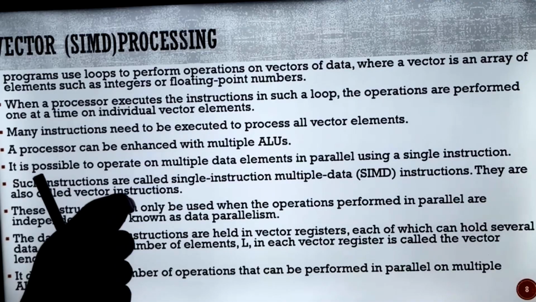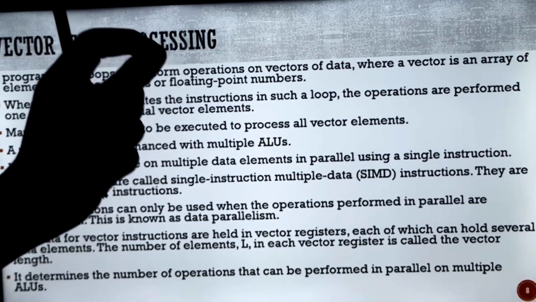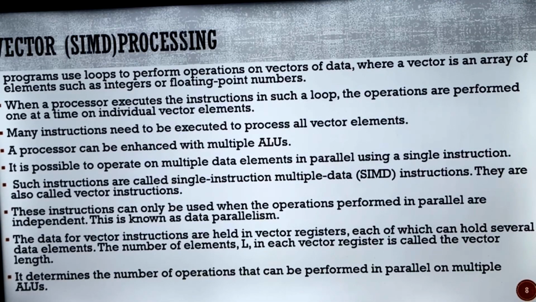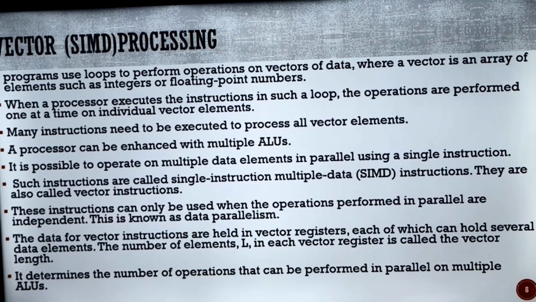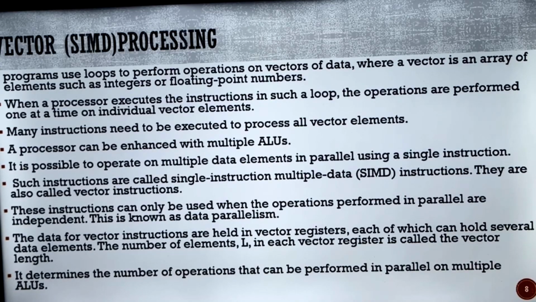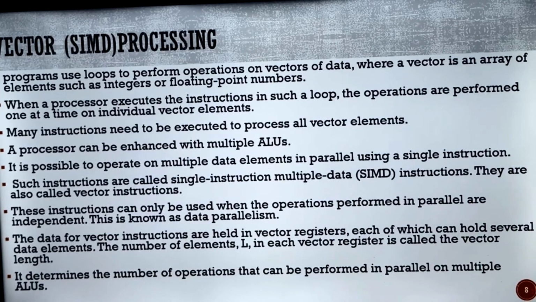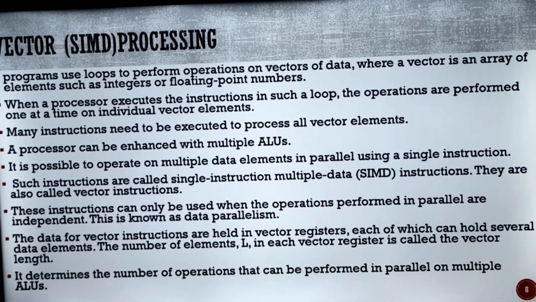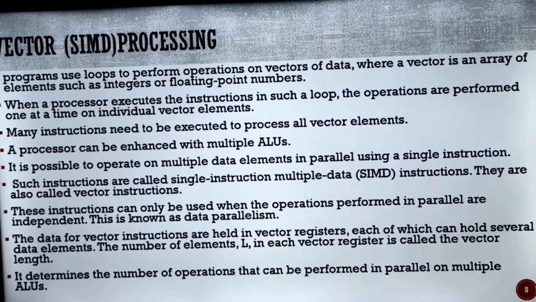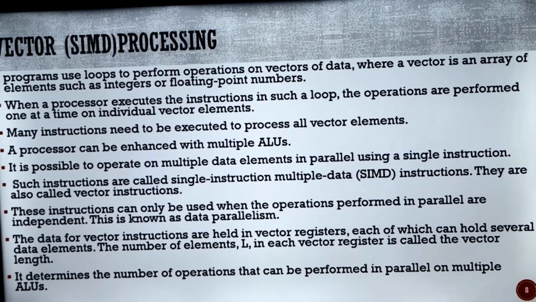Because in instruction number 1 you are loading the first data from array A, then in instruction number 2 the first data from array B, in instruction number 3 adding these two elements, again the second data from A, the second data from B, adding these two elements, again the third data from A, the third data from B, adding and storing. So for 100 different elements from arrays A and B, if you want to add, then you have to execute 100 different instructions, because your instruction can hold only one data at a time.